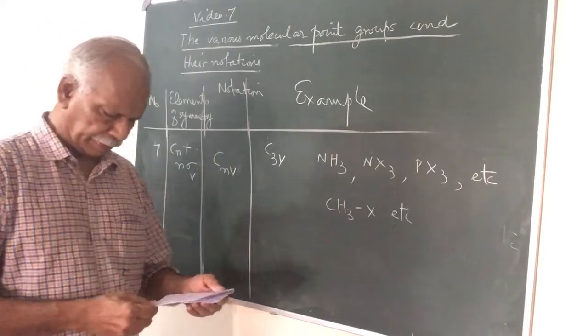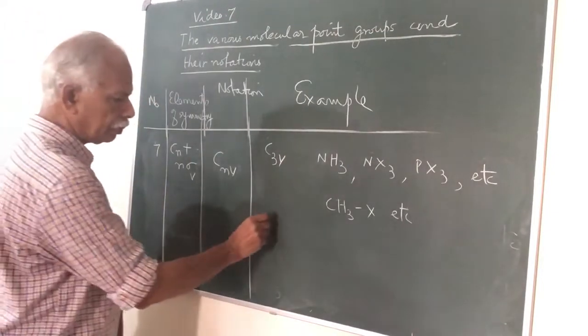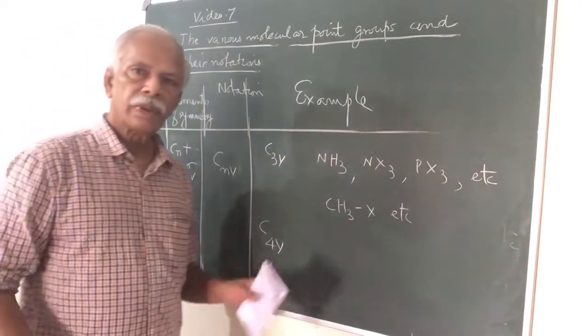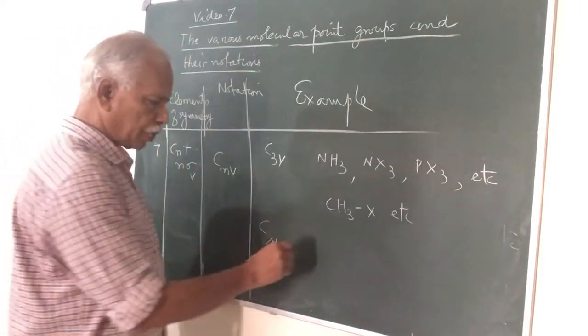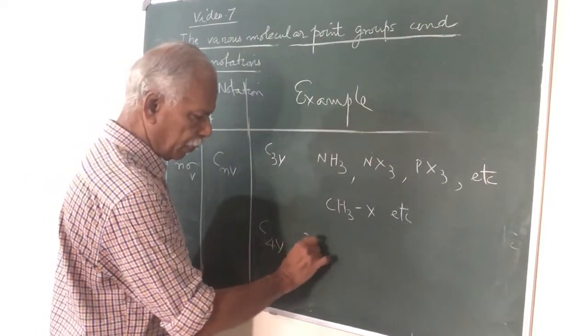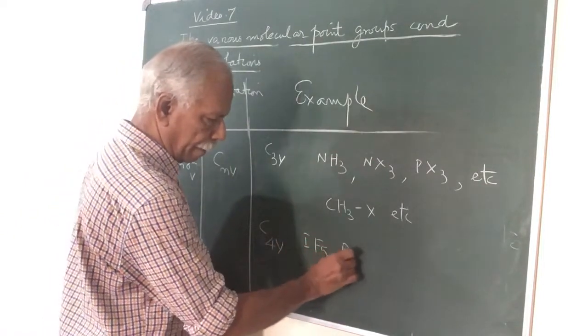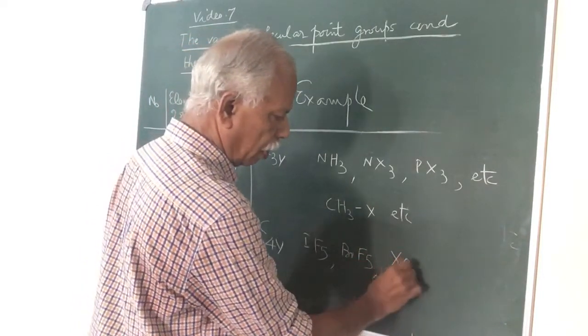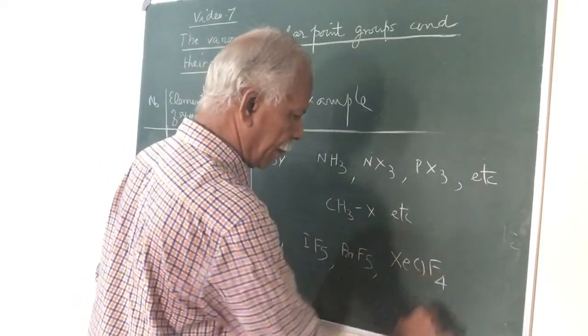C4v. Square pyramidal molecules, iodine pentafluoride, bromine pentafluoride, xenon oxytetrafluoride.